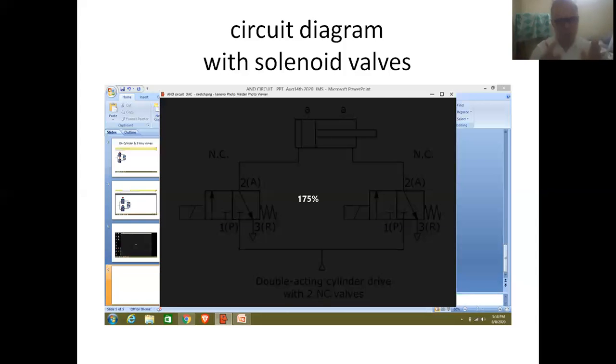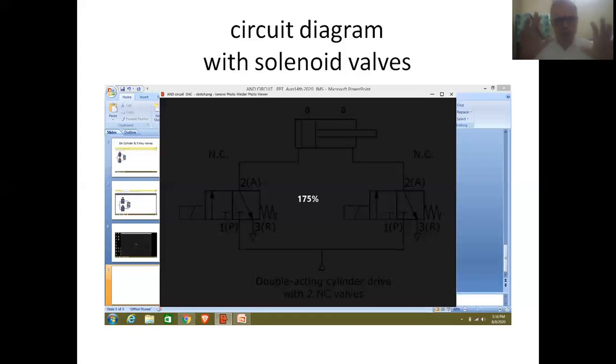The first position used for sending fluid into the cylinder, and the second position used for receiving fluid that is coming out of the cylinder. So friends, this is the wonderful arrangement made for operating a double acting cylinder.